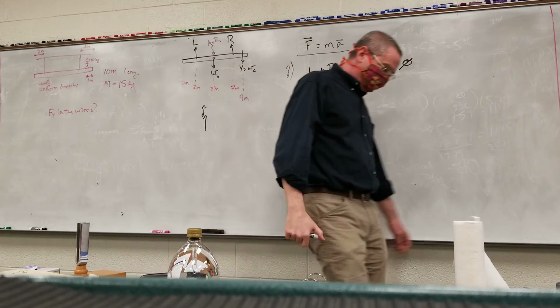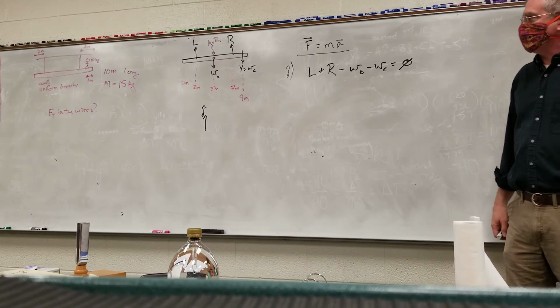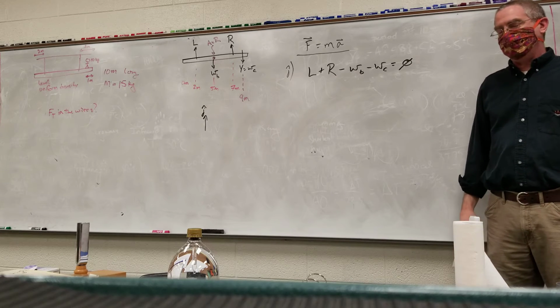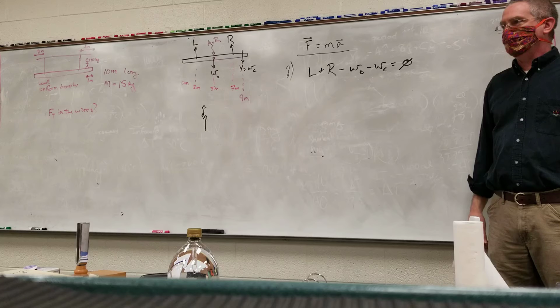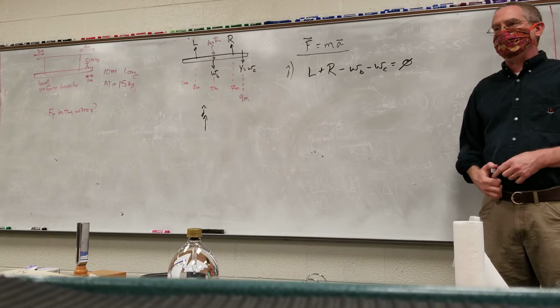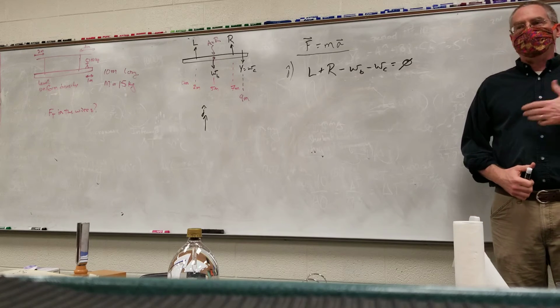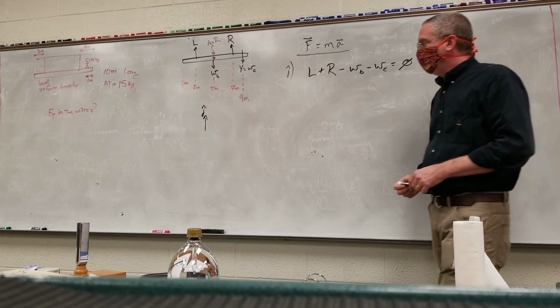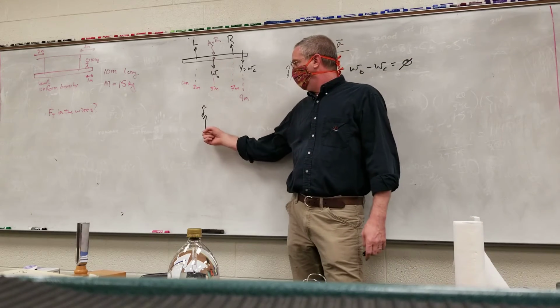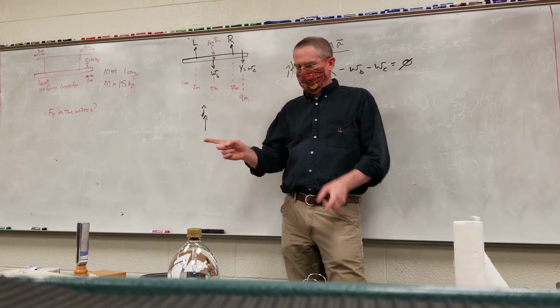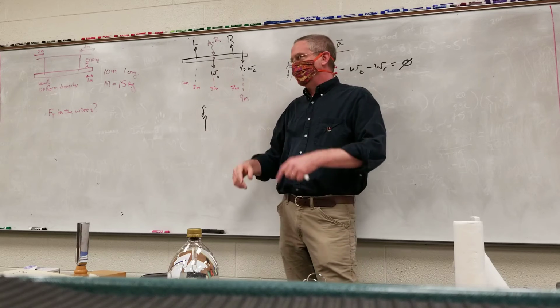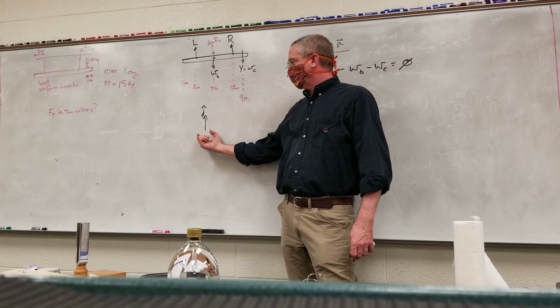So now, since we're dealing with torque, we do need another coordinate here. We have up as being positive, but we need to decide about left, right, or in, out. I guess we could make them like that, but that's just making work for yourself.